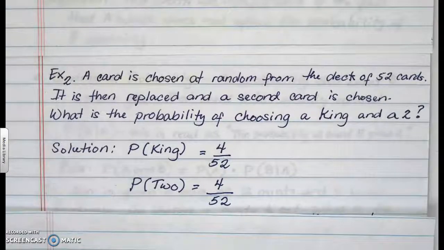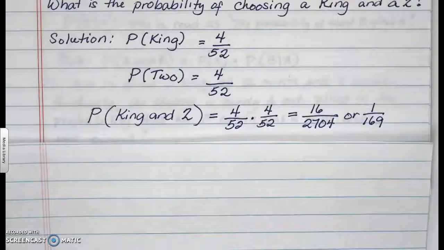The probability of getting a 2 when the first card was returned to the deck of 52 cards is 4 over 52. Therefore, the probability of getting a king first and a 2 on the second with card replacement is 4 over 52 times 4 over 52, which will become 16 over 2,704, or 1 over 169.